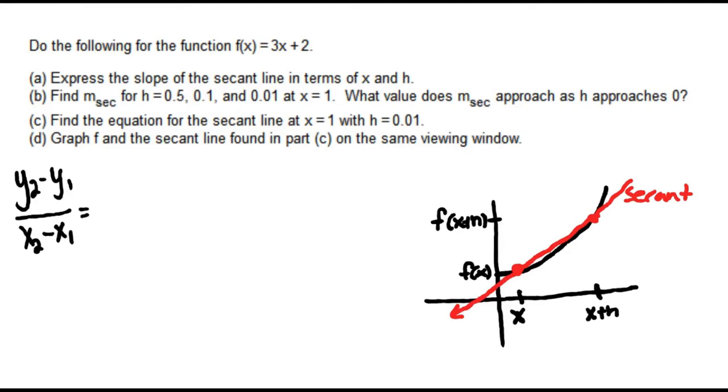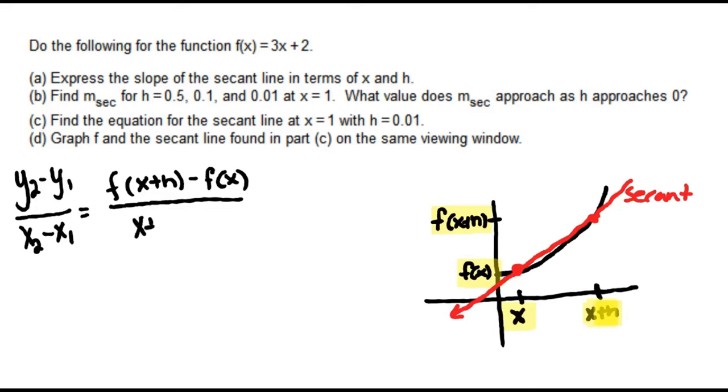So we'll use this f of x plus h as our y2 and f of x as our y1. That will give us f of x plus h minus f of x all over, and we're going to use x plus h as our x2 and x as our x1.